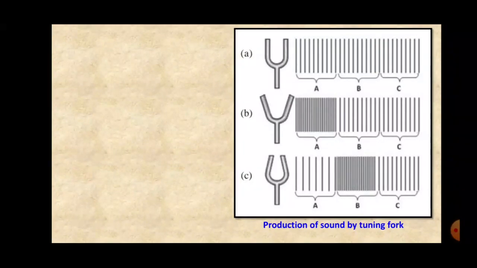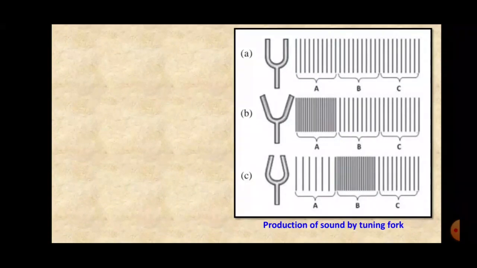Now we'll see how sound is produced with the help of these vertical columns. As per picture B, during the vibration, when the prongs of the tuning fork go away from each other, the air column outside the prongs is compressed. You can see that the columns have come nearer.